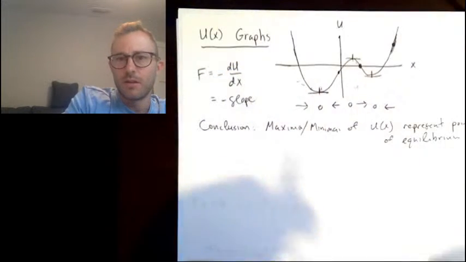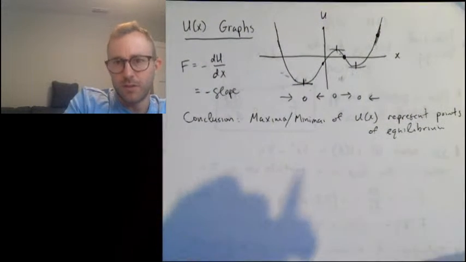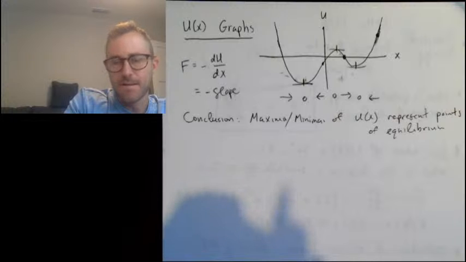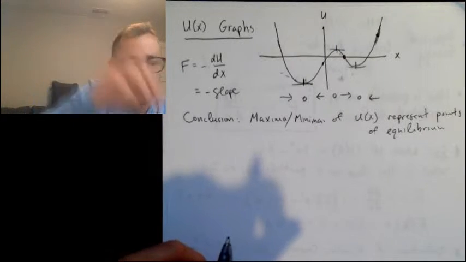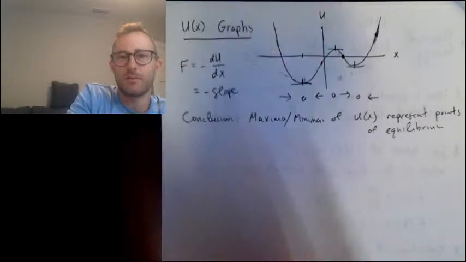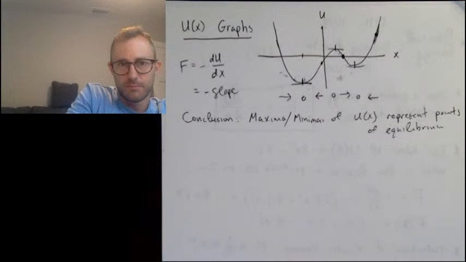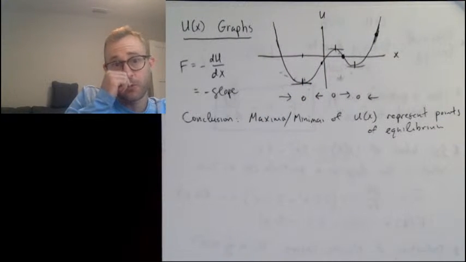Okay? They represent points of equilibrium. So when I say equilibrium, equilibrium means if you were to put the object there, if I were to put an object right here, it's not going to move because it has no force on it.